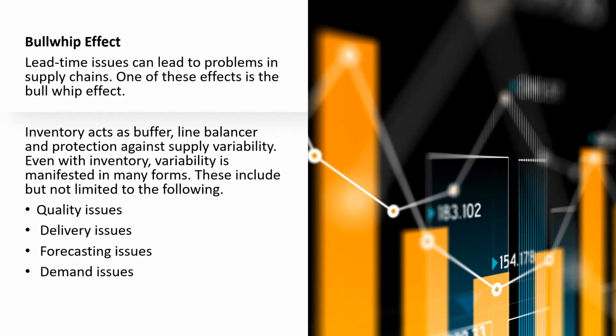Therefore, inventory acts as a buffer, line balancer, and protection against supply chain variability. Even with inventory, variability is manifested in many forms. This includes, but is not limited to, quality issues, delivery issues, forecasting issues, and demand issues. So all these things can lead to the bullwhip effect.